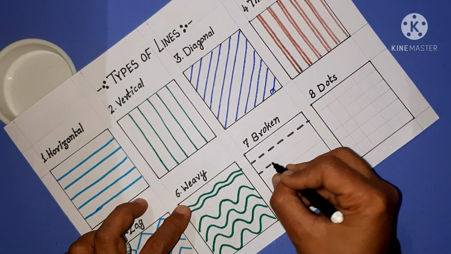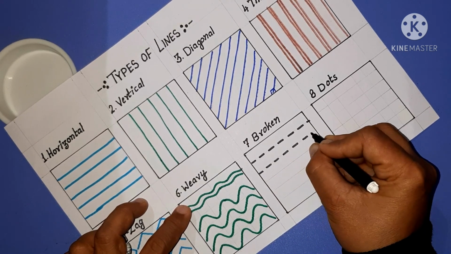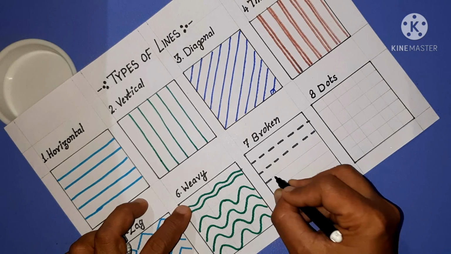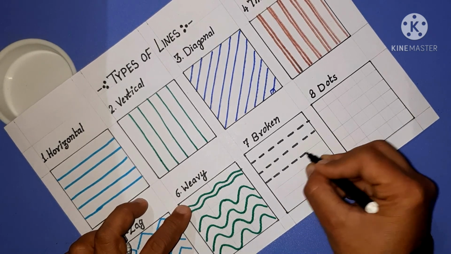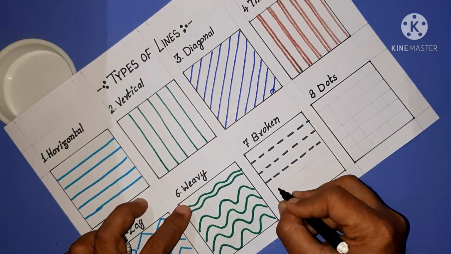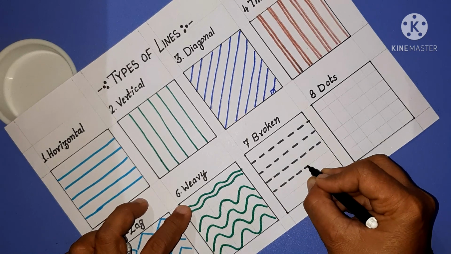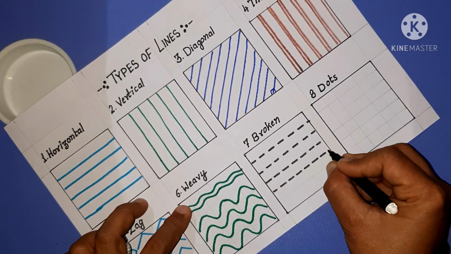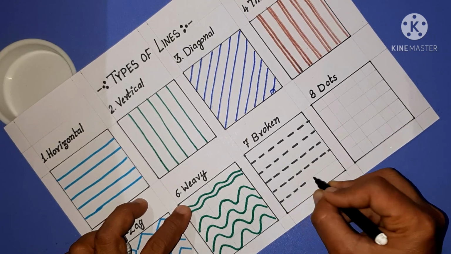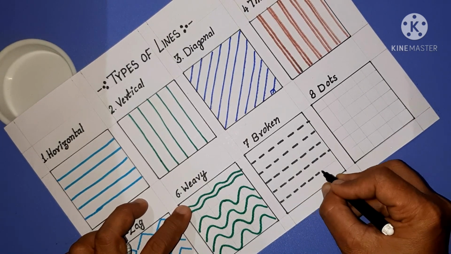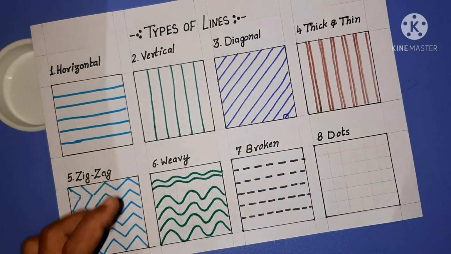Because it doesn't bind the eyes and doesn't create the optical illusion generally, in the sense of visibility or the impact. These are the broken lines. Like these are the broken lines.